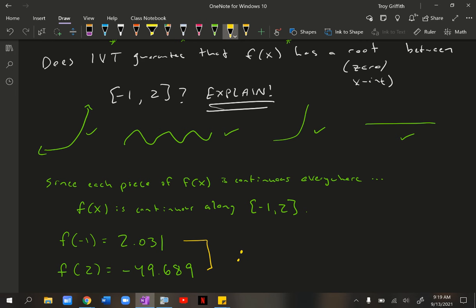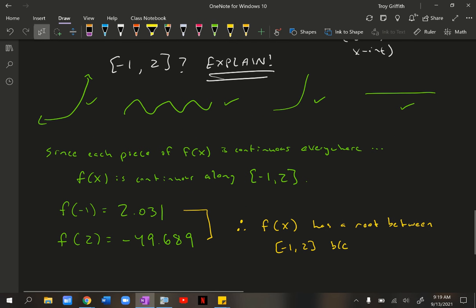So therefore, we could say f of x has a root between negative 1 and 2 because f of negative 1 is greater than 0, and 0 is greater than where we finish at f of 2.